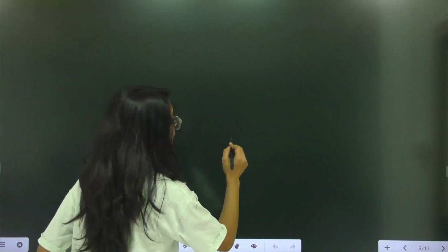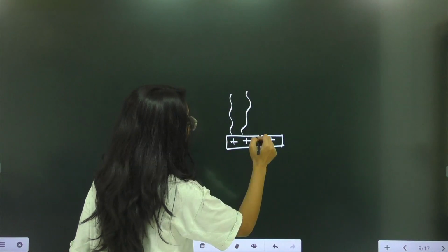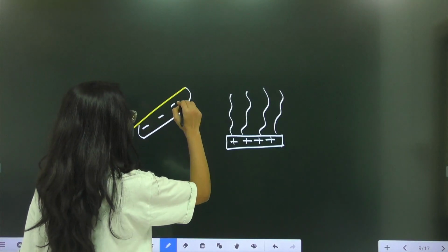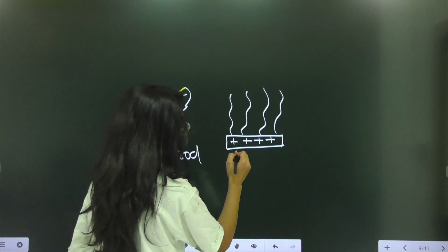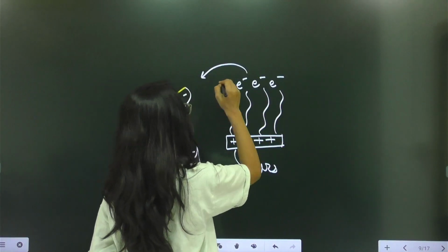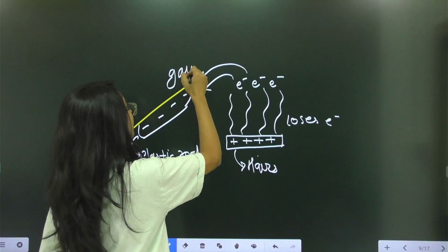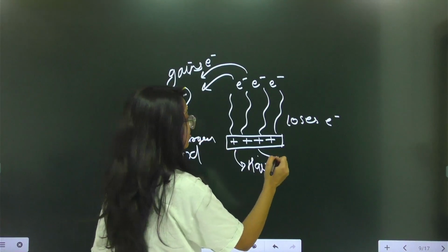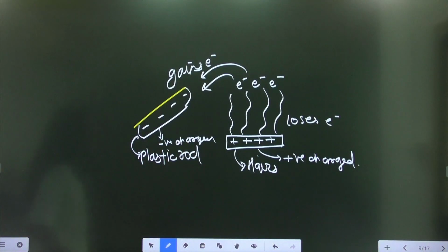Let me show you. This is a plastic rod. This is hair. So the hair loses electrons and the rod gains them, like this, and the rod becomes negatively charged and the hair becomes positively charged. It's as simple as that, right?